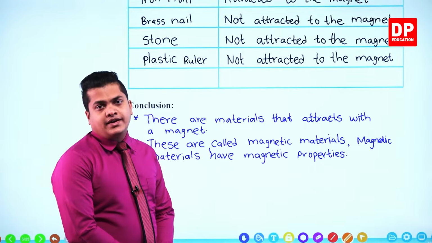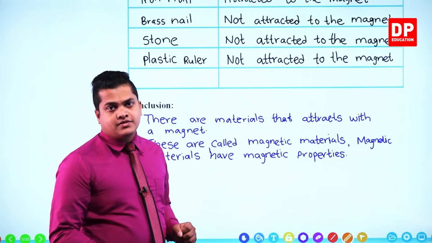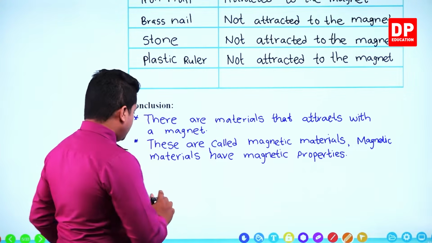materials. Non-magnetic materials are the materials that do not show magnetic properties.